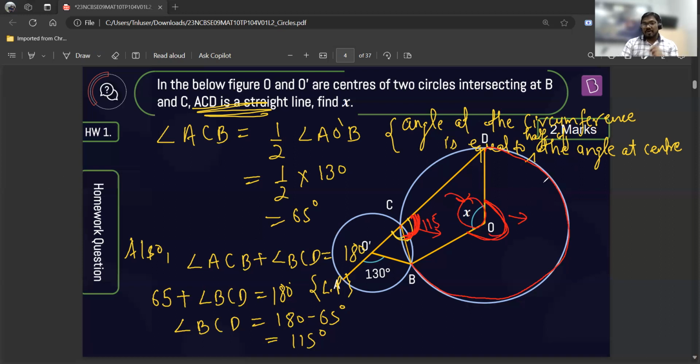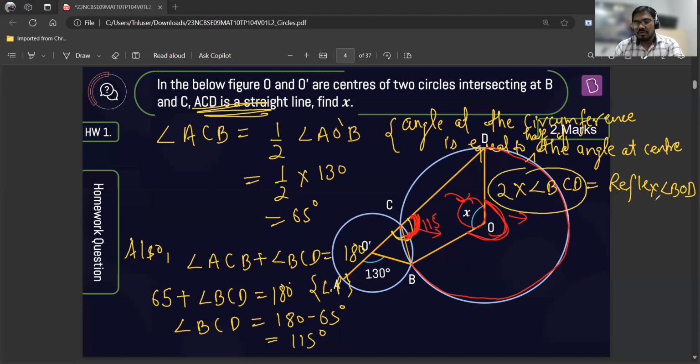So please keep in mind, here we can say angle BCD is equal to, double, two times angle BCD is equal to reflex angle BOD. Am I right? Of course. So 2 times BCD is equal to reflex BOD, I'm talking about this angle.